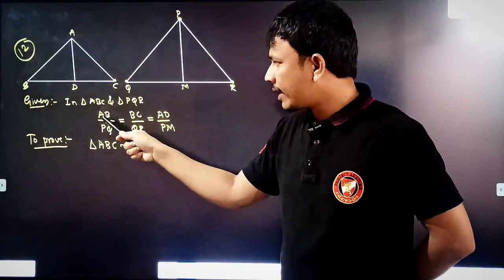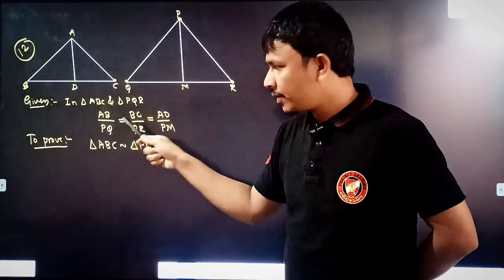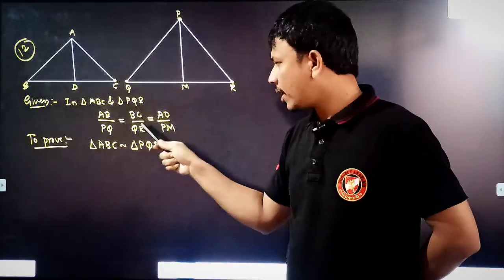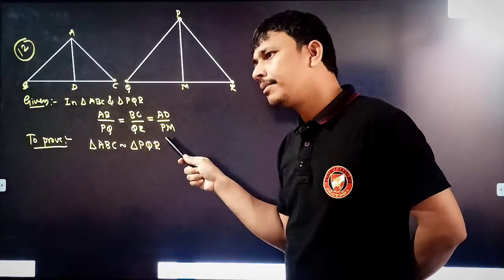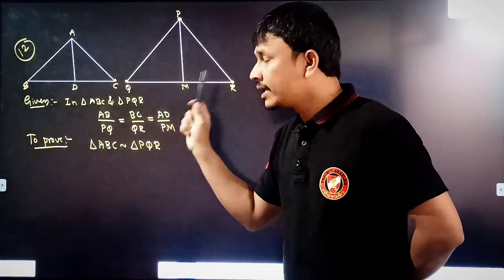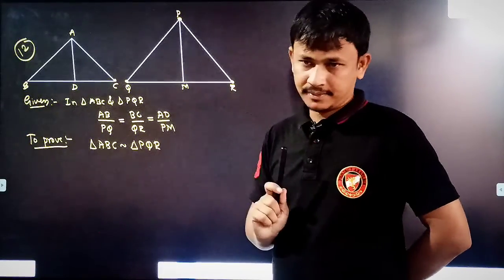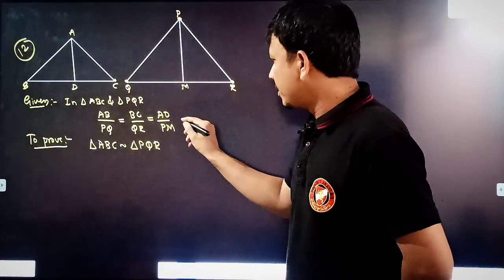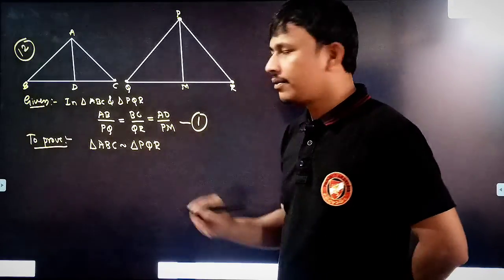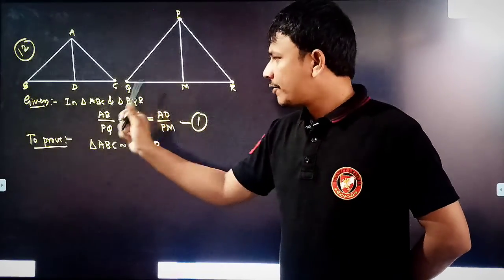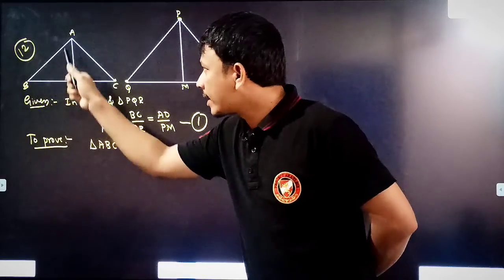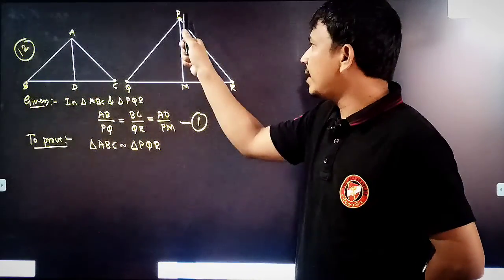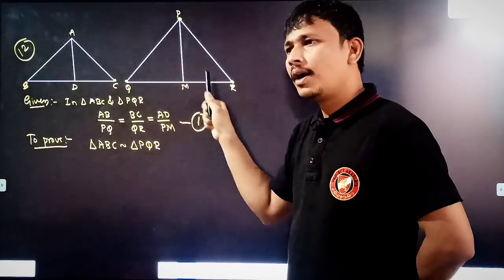Therefore, we can write AB by PQ equal to BC by QR equal to AD divided by PM. This is the given thing, equation number 1. What we need to prove? We need to prove triangle ABC is similar to triangle PQR.